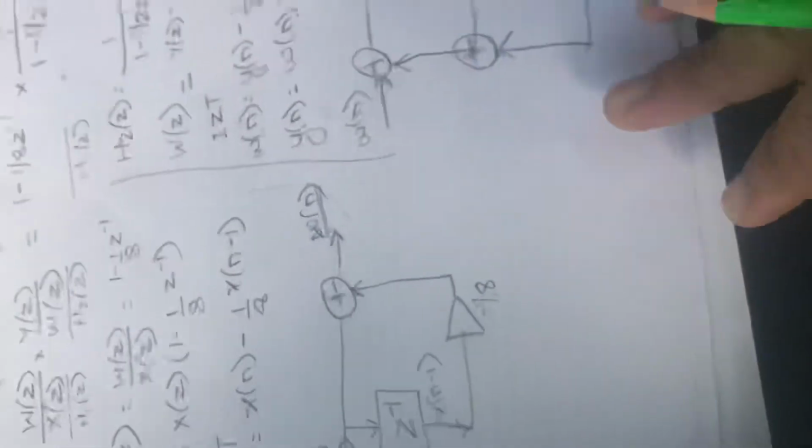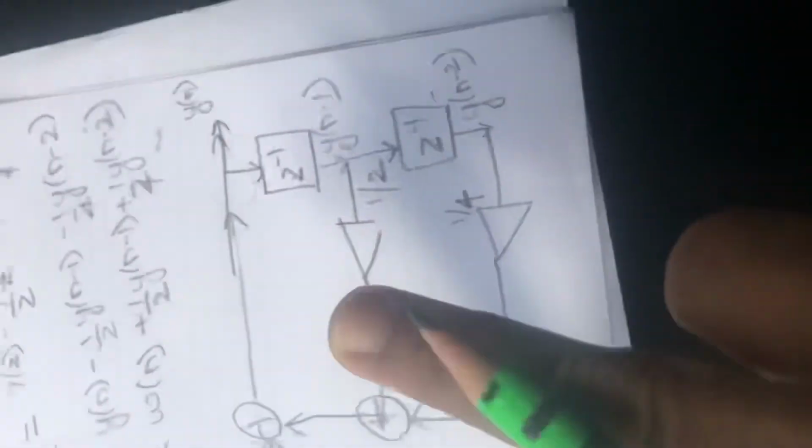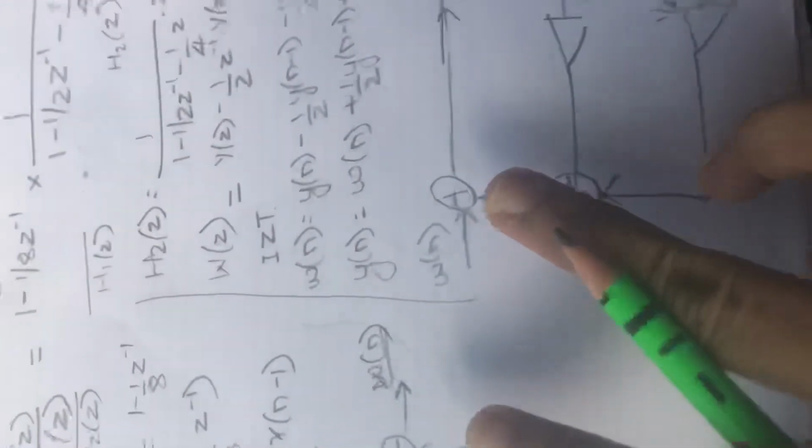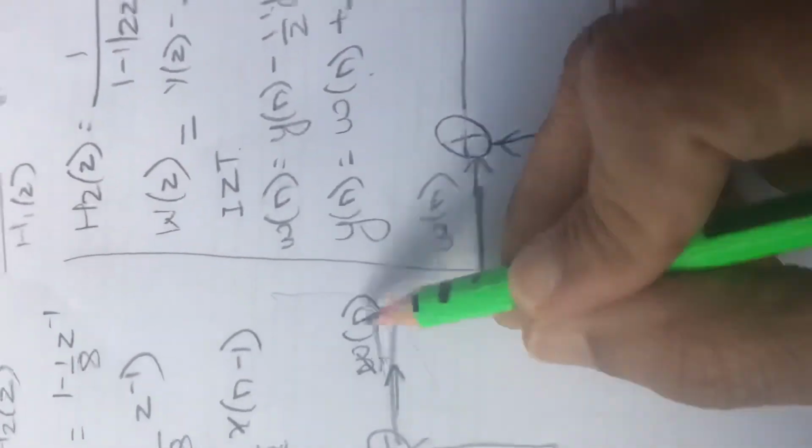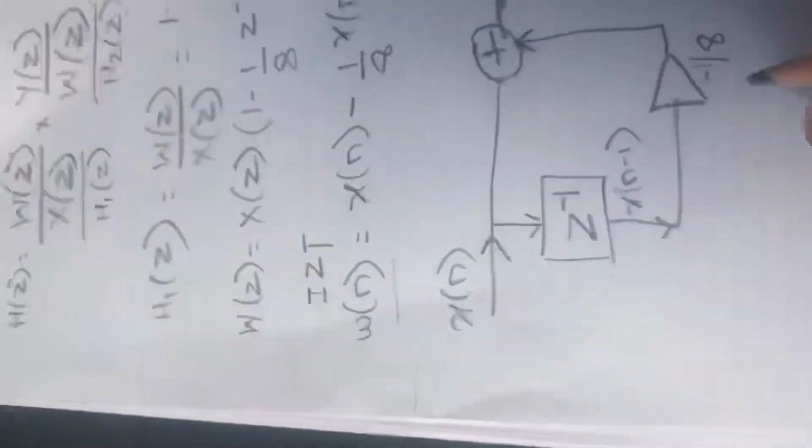So now this is our subsystem 1, this is our subsystem 2. What we have to do is simply club these two. At the output of this is W of n, and at the input of this is W of n. So if we club these two signals, this is our direct form 1. If I draw this again, it will be something like this.